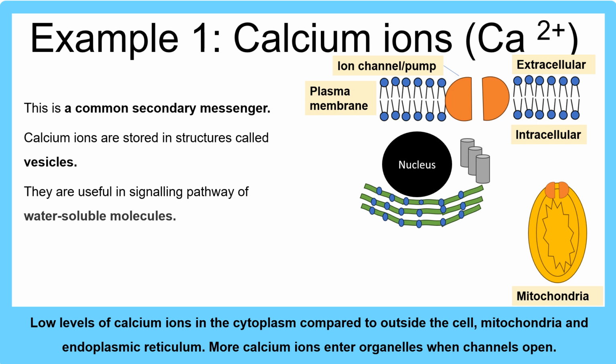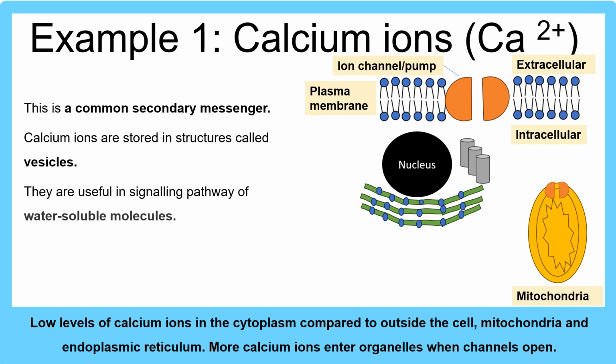Some are in the plasma membrane, some are in the mitochondria, where respiration or the production of energy takes place, and there is also some within a structure called the endoplasmic reticulum, which we will discuss later. Calcium ions are actually stored in structures called vesicles, and they are particularly involved in signaling pathways of water-soluble molecules.